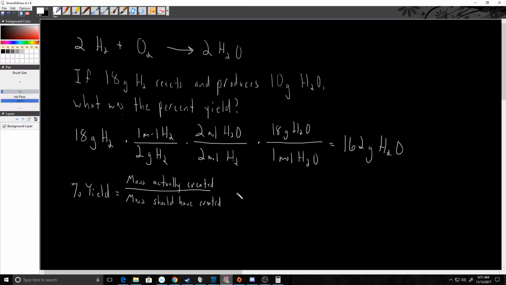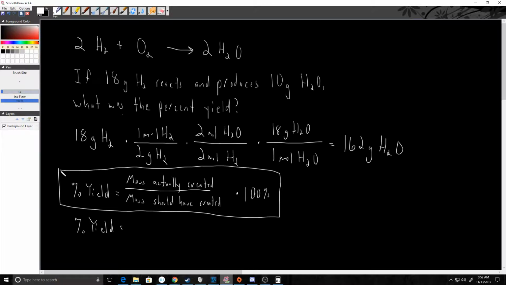And I'm going to take that times 100. Essentially, my goal here is to get this into a percent because it's a percent yield. If you don't want to memorize this, you should probably write it on your periodic table.